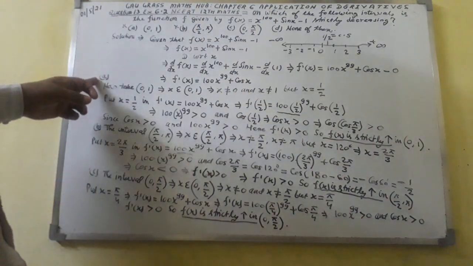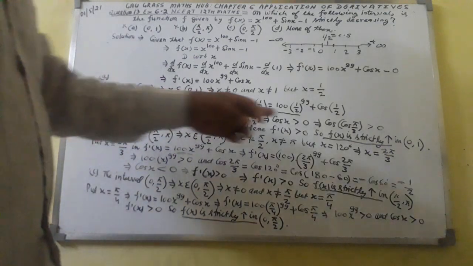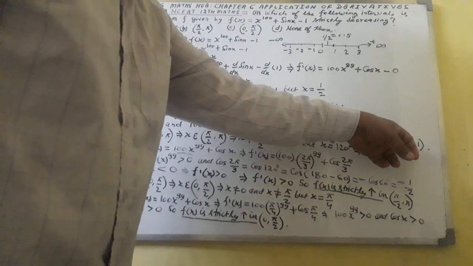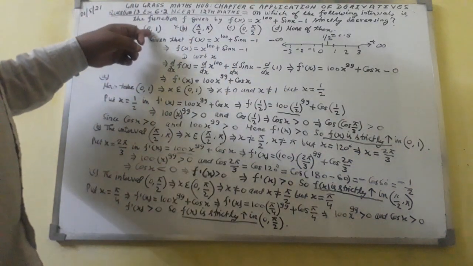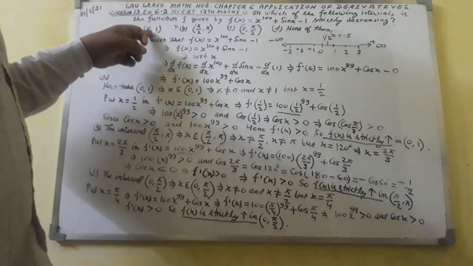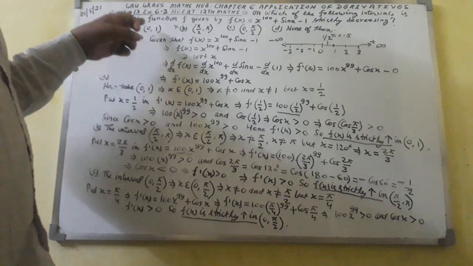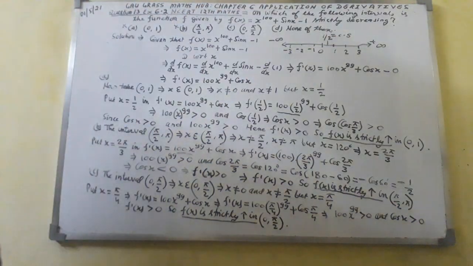So under option A, f of x is strictly increasing in open interval 0 comma 1. This is not correct because here strictly decreasing is what is there.